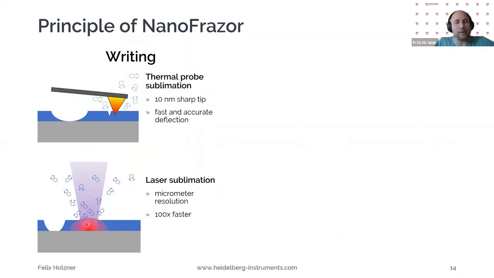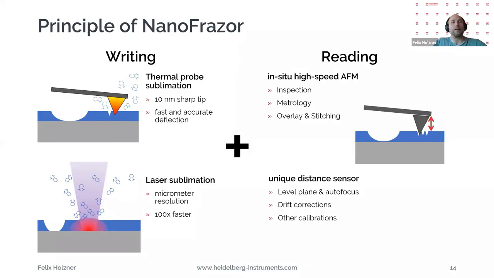The Explorer machine has also a laser integrated, so you can do the same approach also with a focused 405 nanometer laser, just to speed up things if you do micrometer structures. But what I want to point out, what is very important for the NanoFrazor principle, is that we combine writing with reading. So we have this in situ high-speed AFM capability using the cold tip to do inspection, metrology, overlay, and stitching.